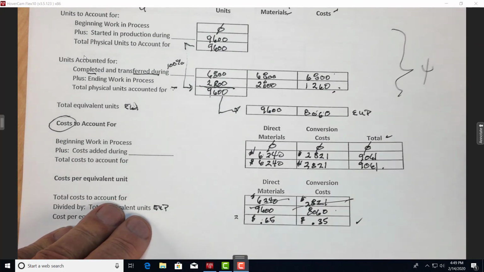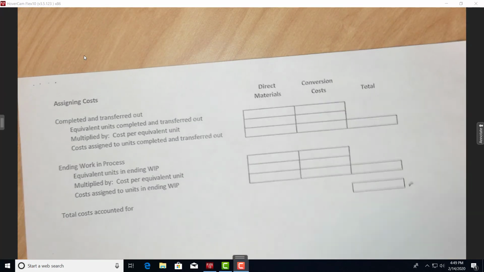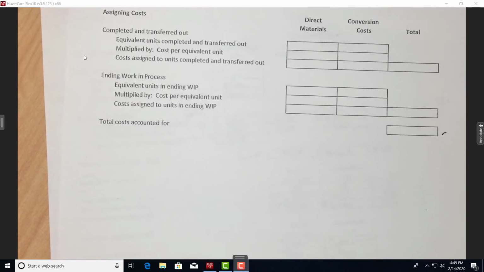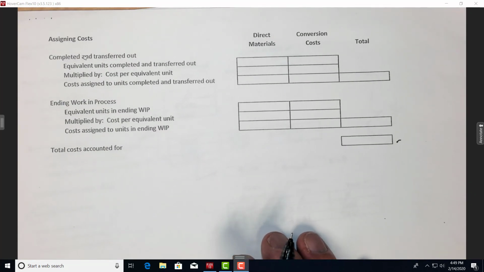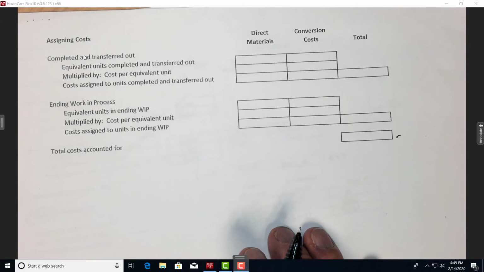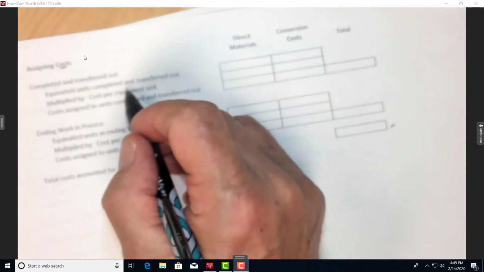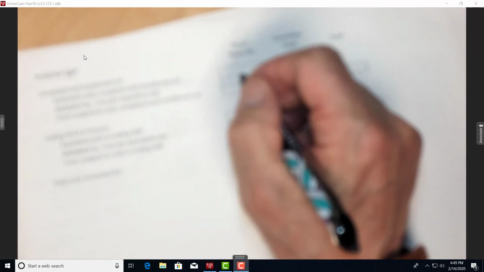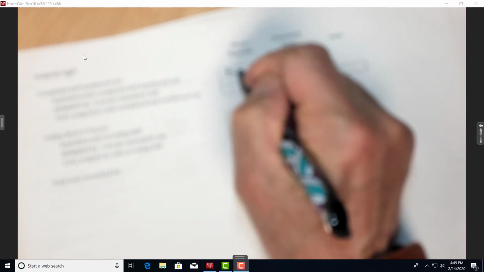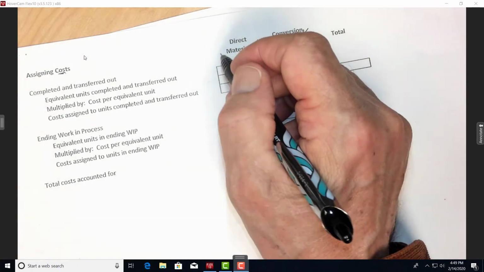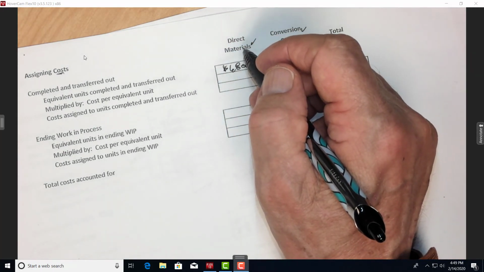So next we have to take care of the completed and transferred out. Remember, I said that completed and transferred out means it is 100% done. And we're talking about costs now. So equivalent units completed and transferred out will be 6,800 in terms of direct materials, and conversion cost is 6,800. Oh, I'm sorry, these should be units.